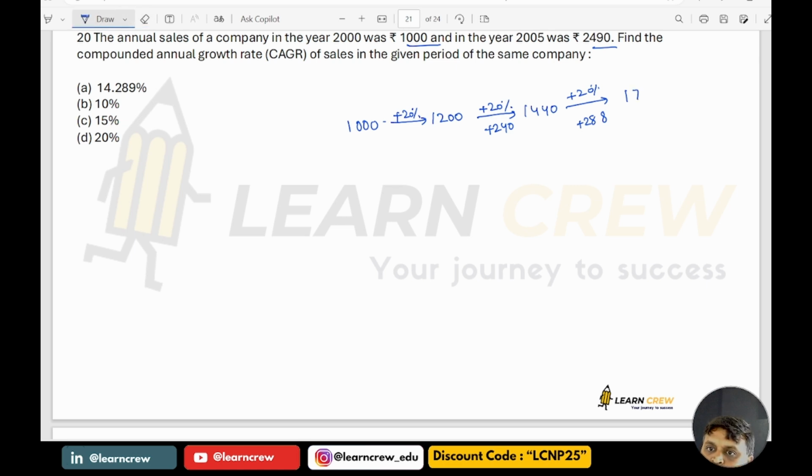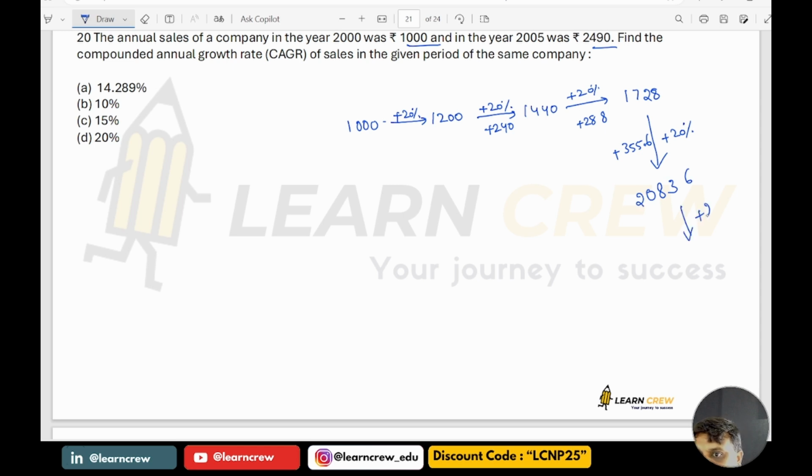On this again 20 percent. 20 percent would be how much here? 10 percent is 172.8, so it is 345.6. Then again on this, it becomes 2083.6.